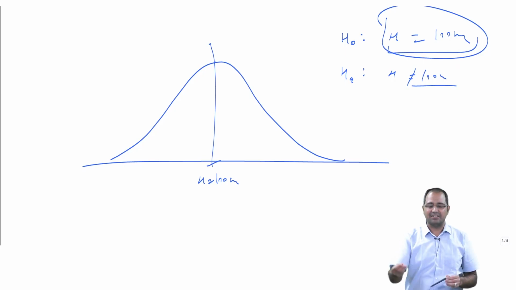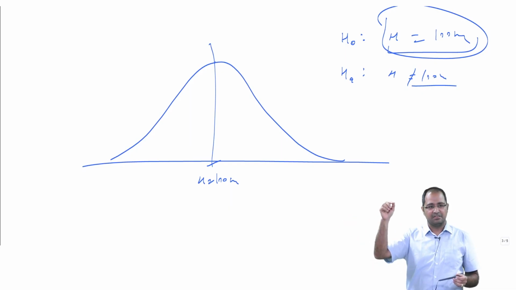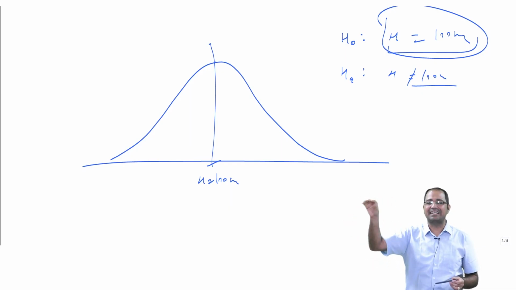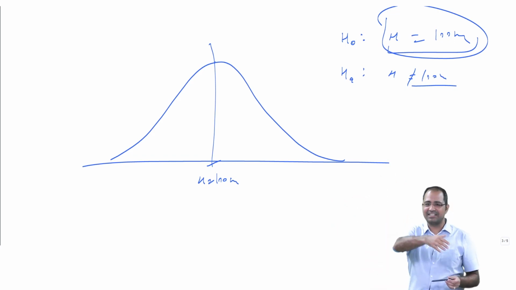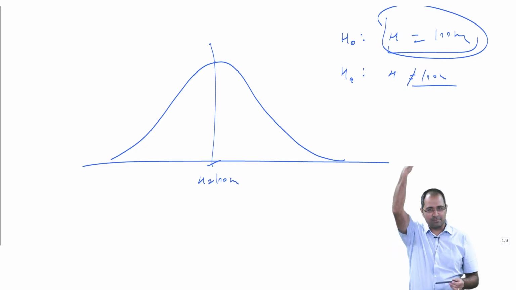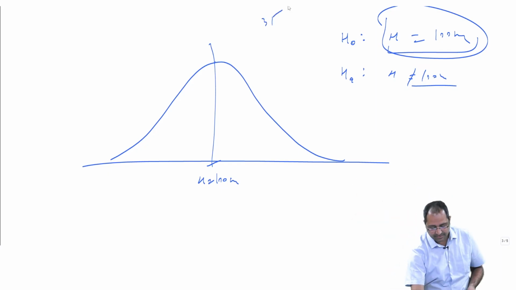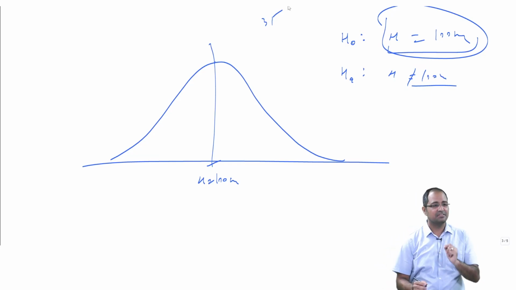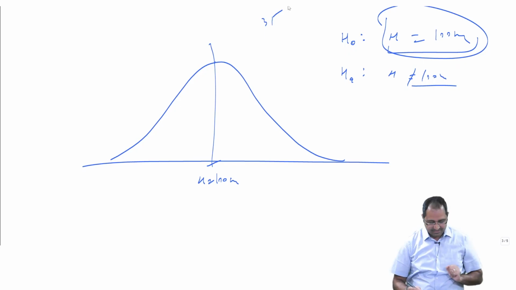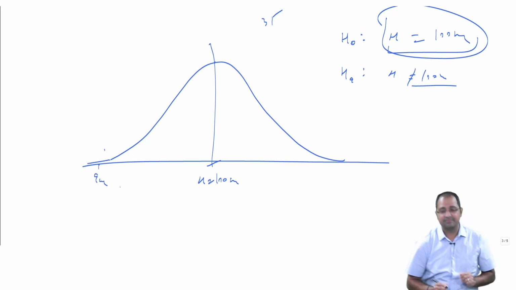Now, once he goes to my home, he randomly selects 35 trees and measures. He does a training before coming on how to measure the height of the trees, and then he measures a sample of 35 and gets the average height as 9 meter. So 9 meter is here.